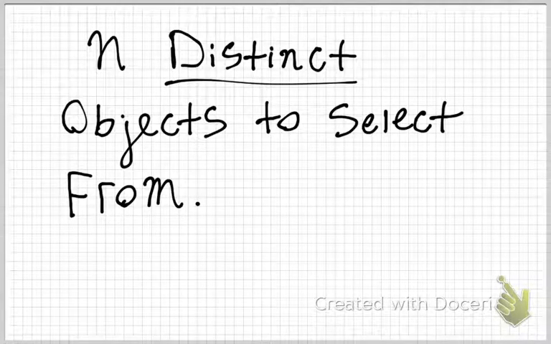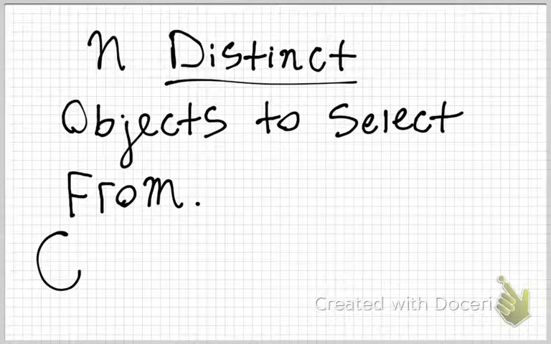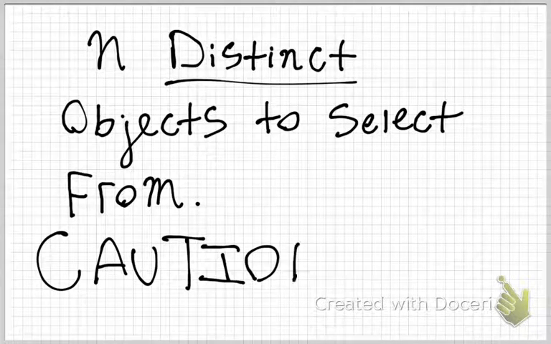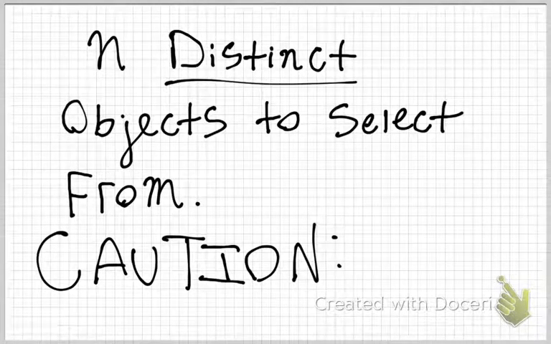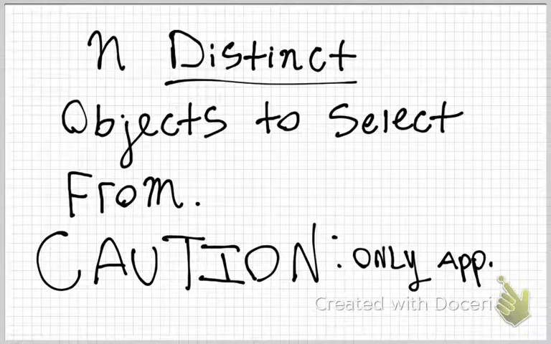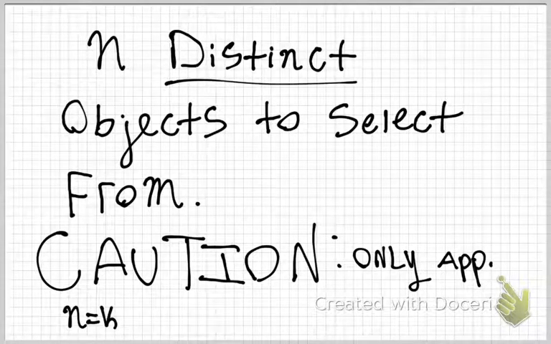Another thing that I want you to note: caution, the formula that we derive today is only applicable when n equals k, when the number of objects that we have to choose from is equal to the number of objects that we will be choosing.